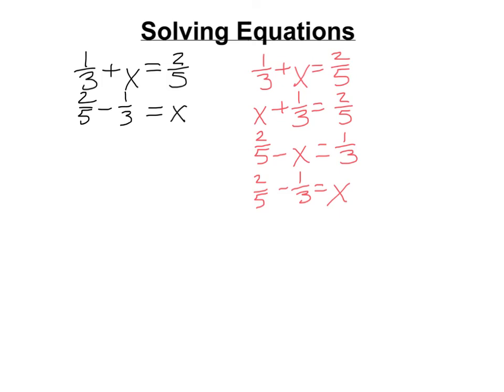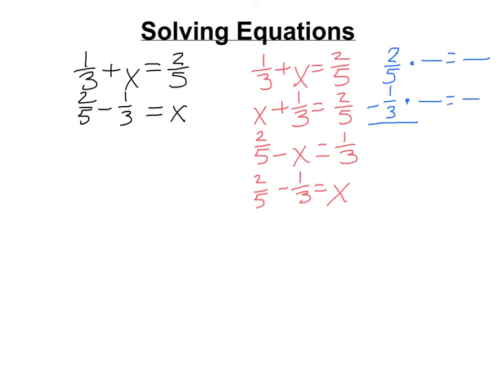And now we need to do a little scratch work, which I'm going to put in blue here. So if I have 2/5 minus 1/3, I cannot subtract these because they do not have a common denominator. So I'm going to multiply them by forms of 1 to get a common denominator.